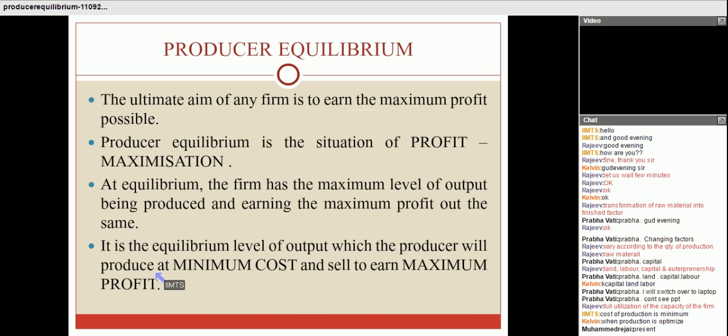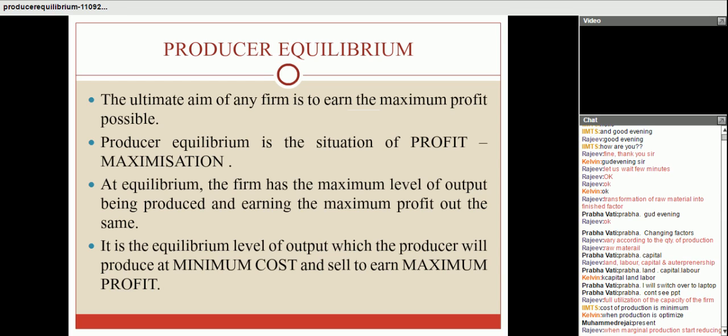Now how is this situation arrived at, or how does a producer know when he should stop his production, that he has reached the optimum point? That is the thing which we are going to discuss today. For studying the equilibrium of the producer, we need to know about two very important things.